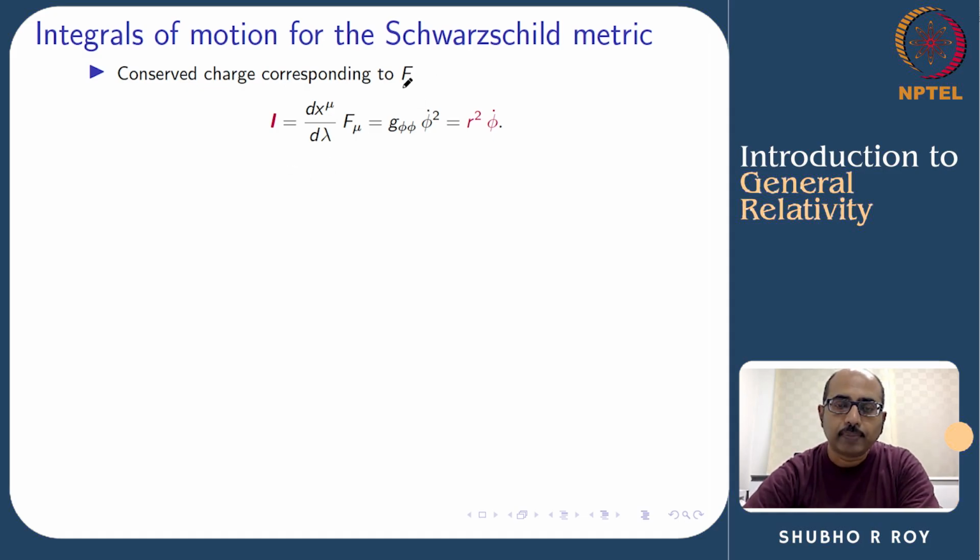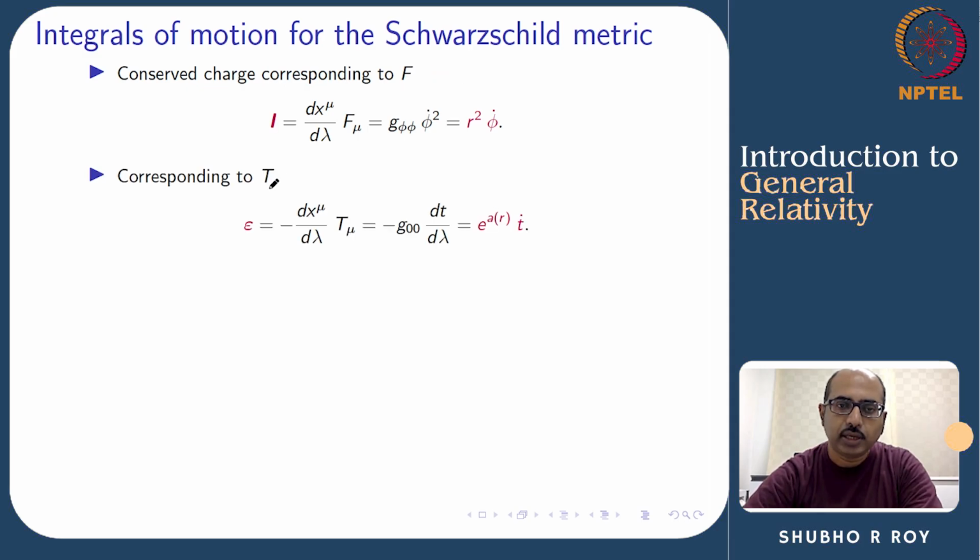Now, as you might remember, the existence of Killing vectors leads to conserved charges along the geodesic. For the Killing vector F, which is equal to del phi, the conserved charge I'm going to call little L. And as you know, it is given by dx/d lambda contracted with F. And since we are in the equatorial plane, its value works out to be r squared times phi dot.